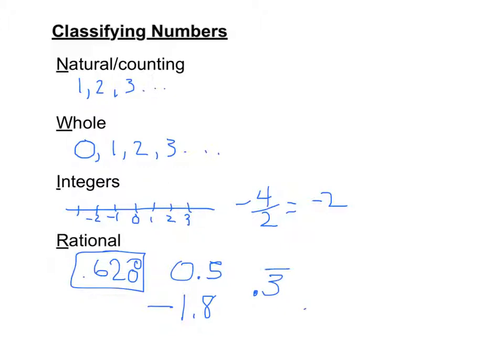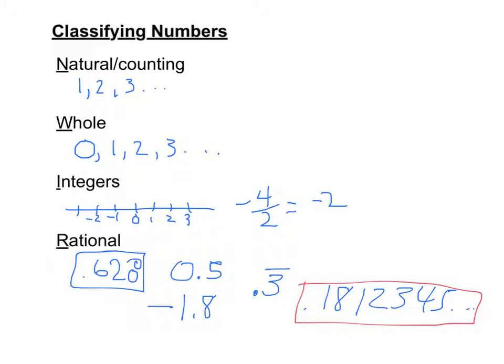The ones we don't like are the ugly ones, like 0.18234, and so on, that goes on. Ugly decimals don't qualify as rational. Those don't fall into any of our categories here, and those are your irrational numbers.